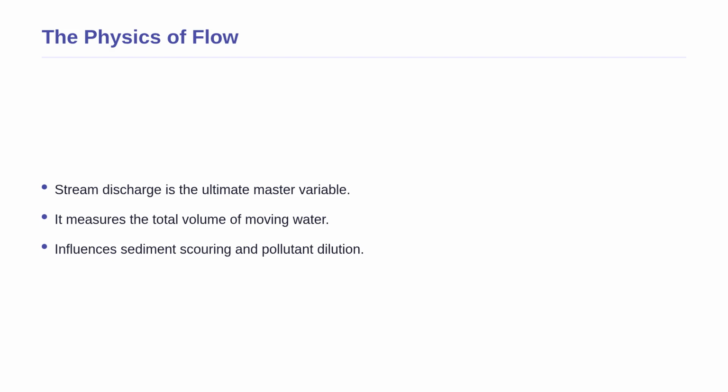Having established why this environment is so critical, we must first measure how much water is actually moving through it. This brings us to the most fundamental physical property of a stream, known as stream discharge. Discharge is the total volume of water flowing through a specific cross-section of the stream per unit of time.